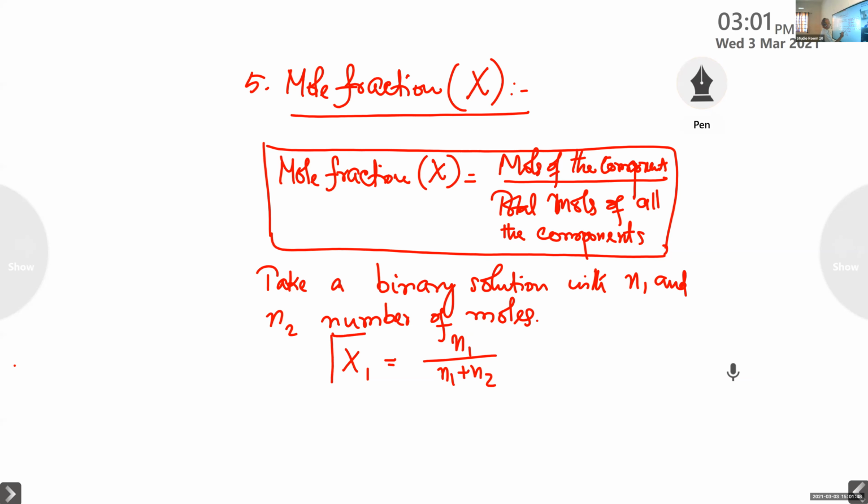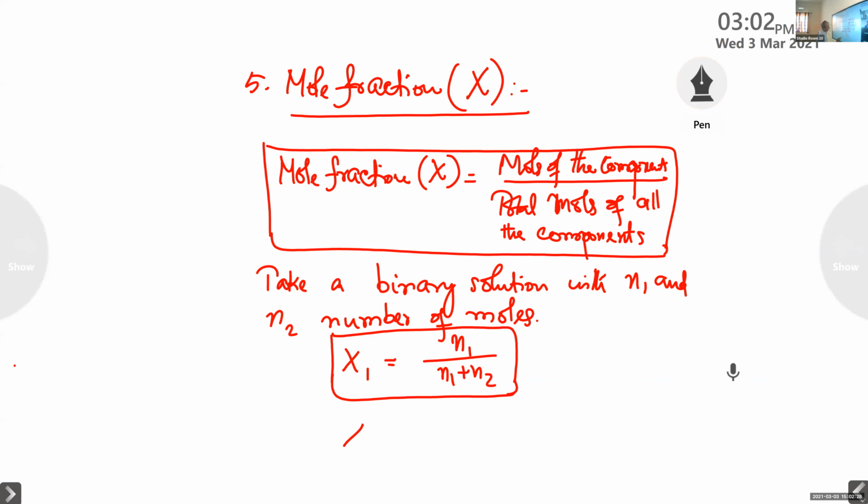That is the mole fraction of component 1: x1 is equal to n1 by n1 plus n2.